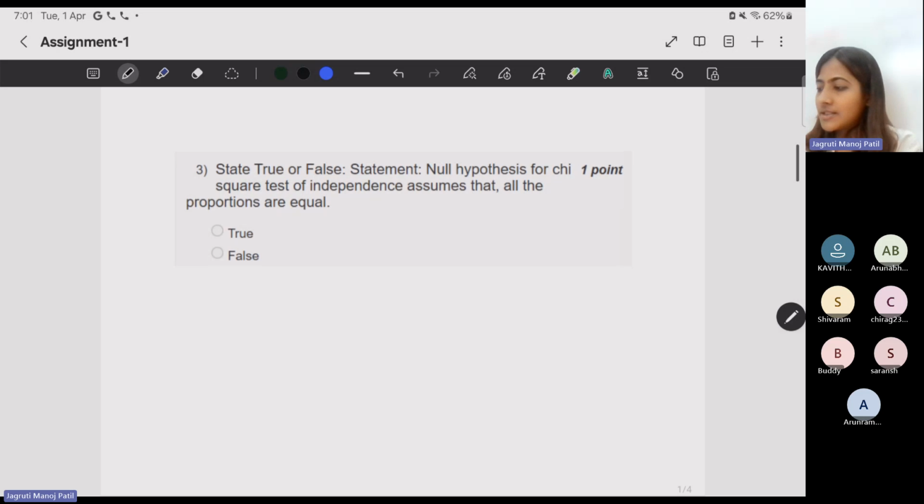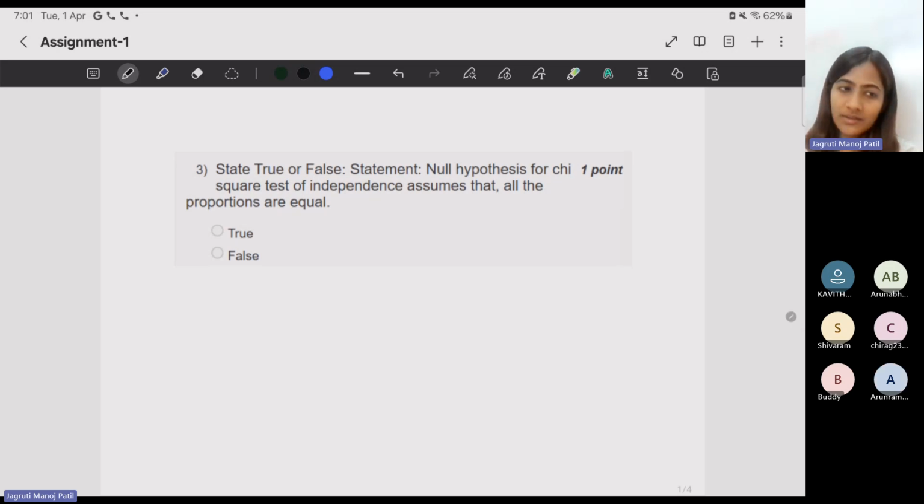So null hypothesis for chi-square test of independence assumes that all the proportions are equal. Is it true or false? So null hypothesis and alternative hypothesis, go directly back to the equation. Will null hypothesis have an equal or alternative hypothesis have an equal? If they do, answer is true.